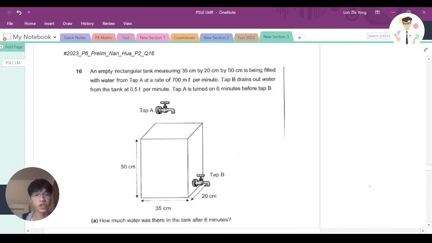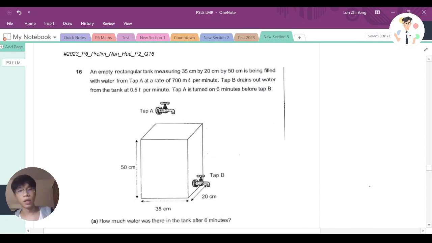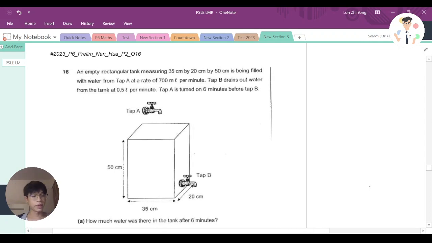Nanhua paper 2 question 16. So here, an empty rectangular tank measuring 35 cm by 20 cm by 50 cm is being filled with water from tap A at the rate of 700 ml per minute. So let me just write this down first.